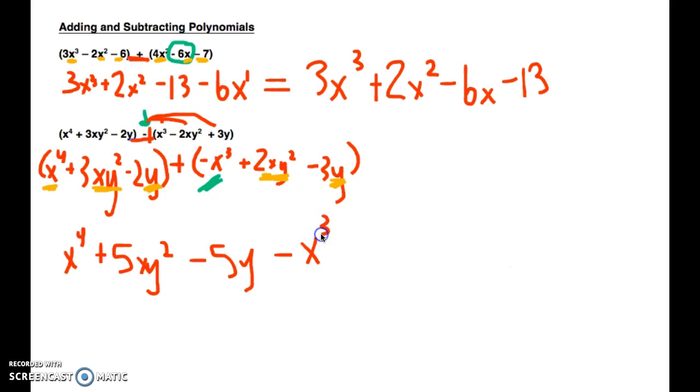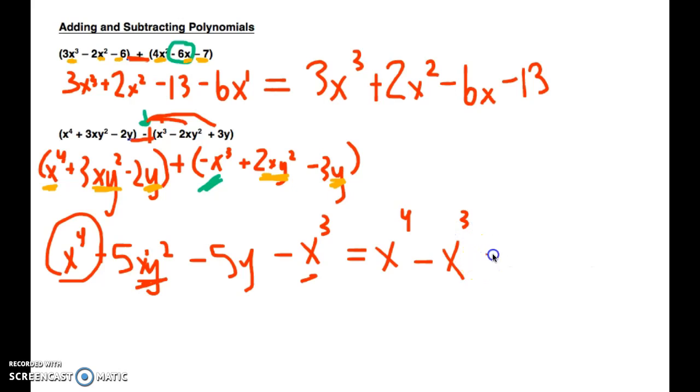For my final answer, we want to make sure that we write our polynomial in such a way that the highest degree term goes first. So that would be this guy here. So our first term will be x to the fourth. And I have two terms here with a degree of 3. I'm going to put the x to the third term first, just because there's no y's in it.